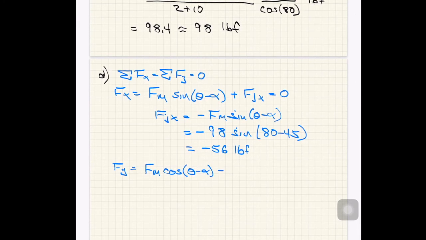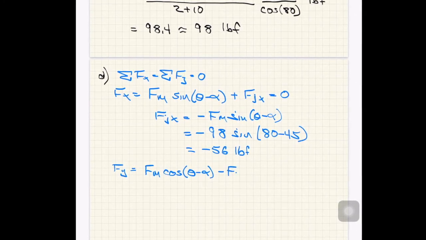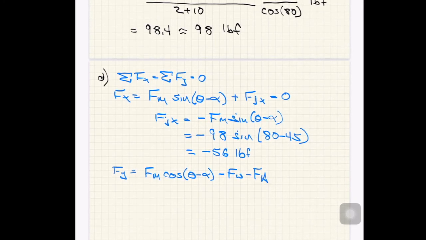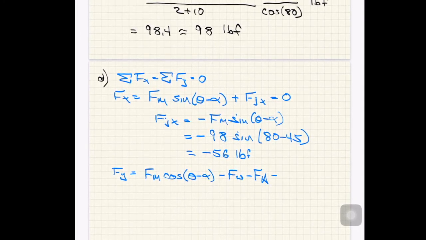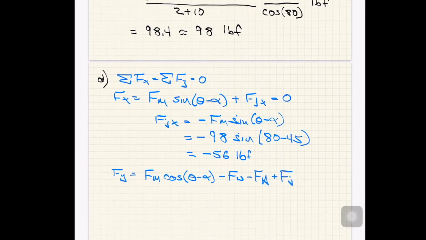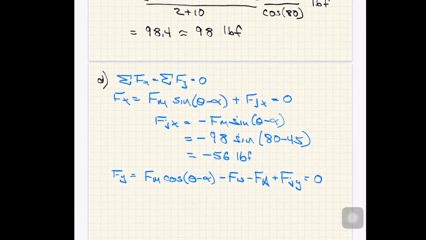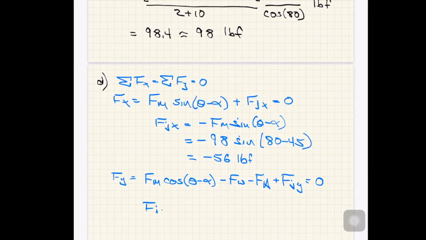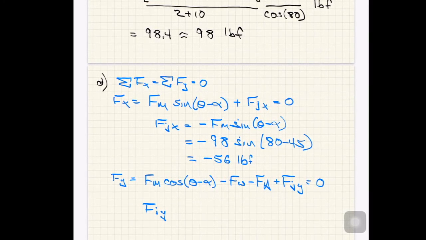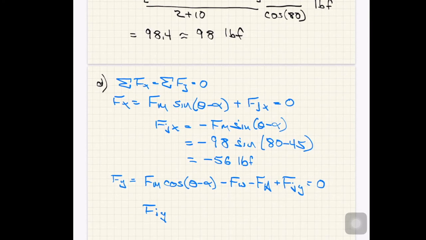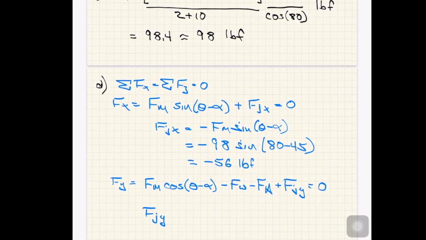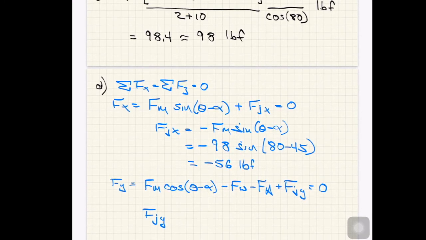And then we're going to have a negative component from the weight itself pushing down, another negative component from the arm weight pushing down, and then we're going to have the Fj of y, and they're all going to equal 0. So that Fj of y, that wasn't very nicely done, was it? Let's clean that up a little bit. Like I say, it's really important to try and be clear with your writing. You'll just confuse yourself in the end.